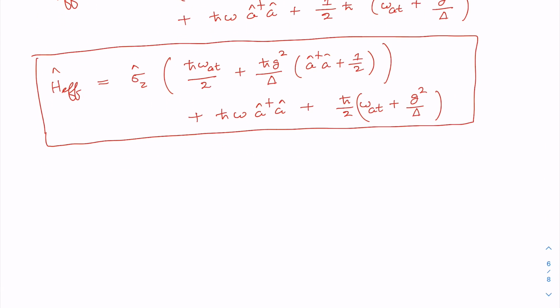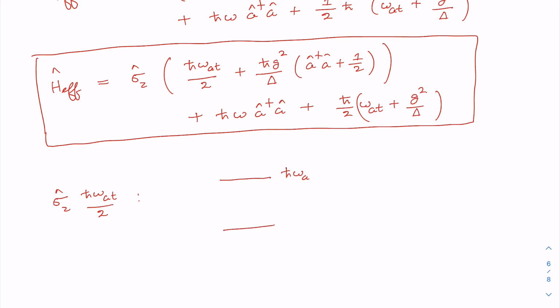If you look at the first term, this first term refers to the fact that there is a transition between the two atomic energy levels, or the qubit energy levels. We have two energy levels.